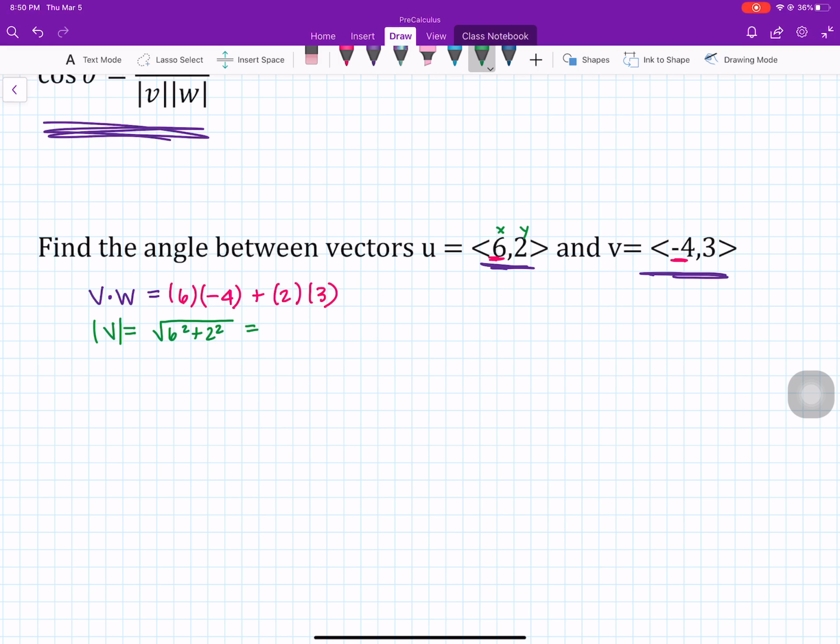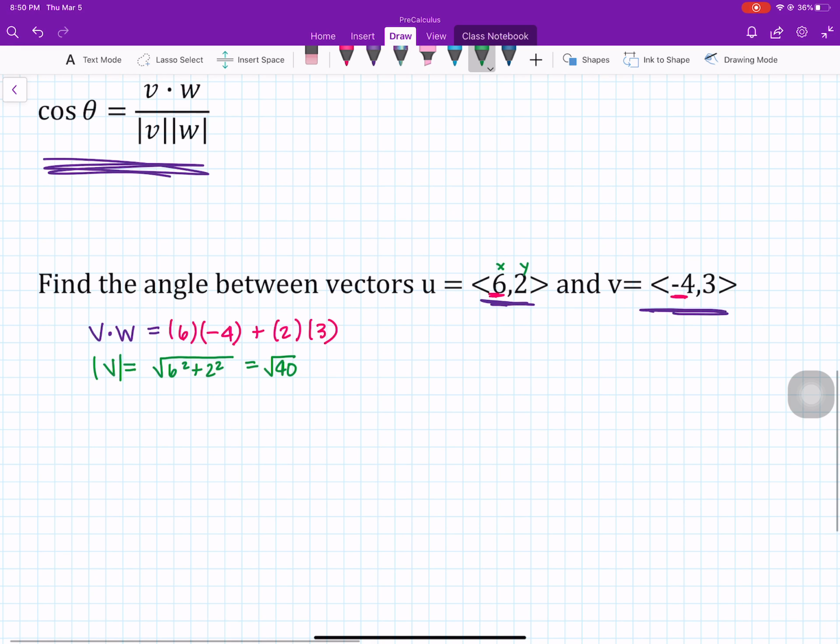So that is the square root of 40. If you wished, you could reduce your radical, but honestly, for this situation, it's not necessary because you're going to end up putting this in your calculator to find the inverse cosine.